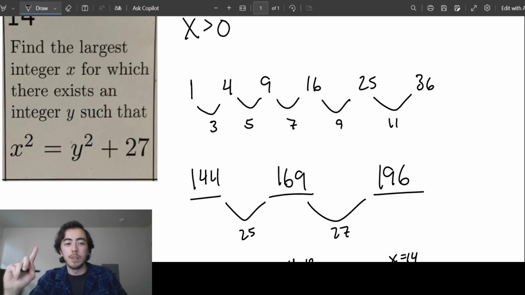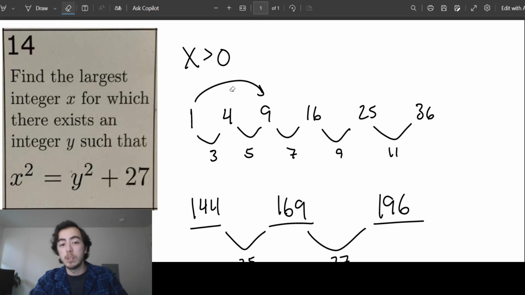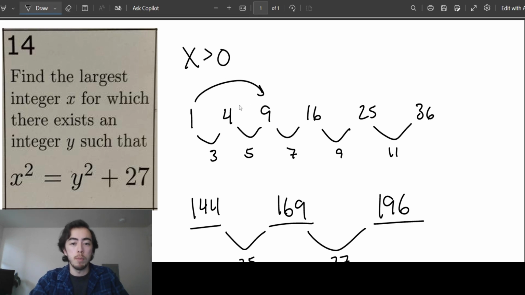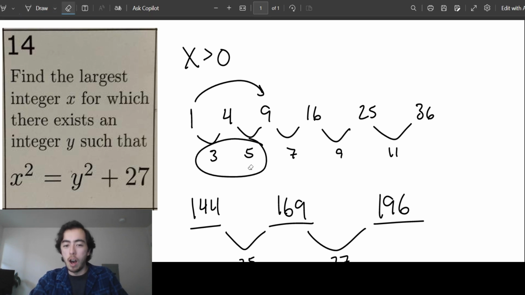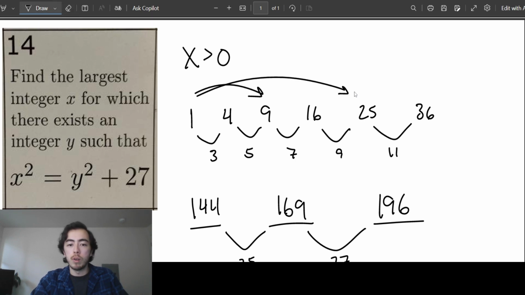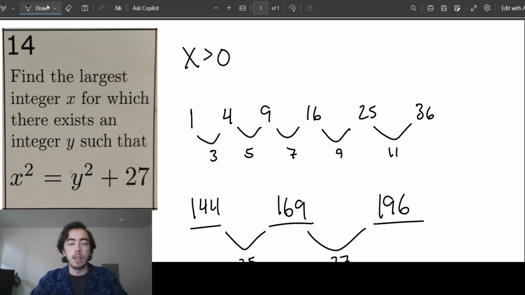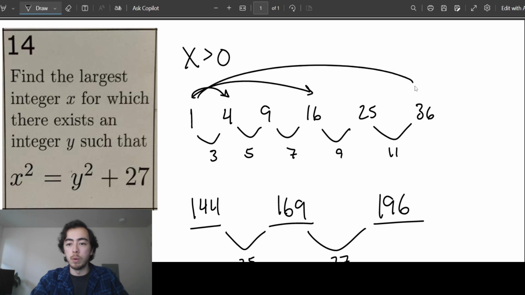Because, okay, if I try doing a jump, say, instead of a jump from one square number to the next, but to the next one, essentially I'm hopping 2 square numbers up, that difference is going to be even because I'm making 2 odd jumps. So any jump of 2 or 4 is essentially going from an odd number to an odd number or an even number to an even number. And so I'm never going to get this plus 27. Okay. So I can only make jumps of odd amounts, either 1 or 3 or 5.